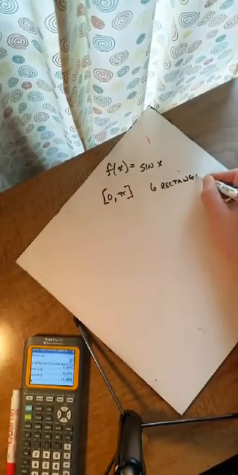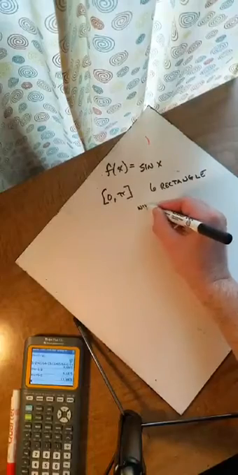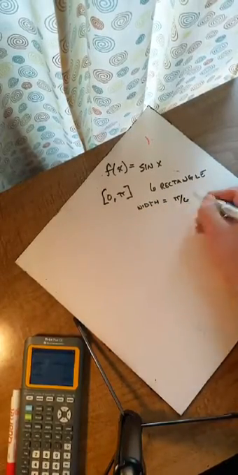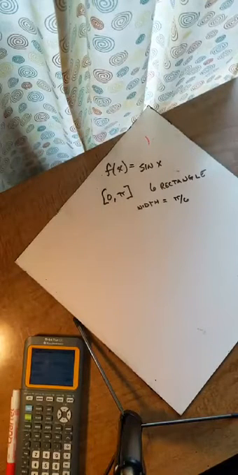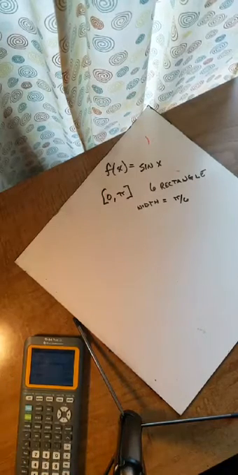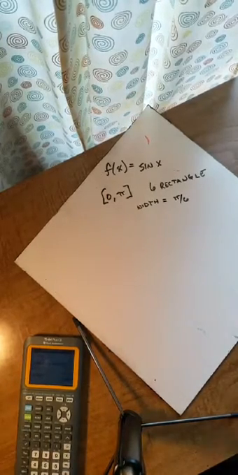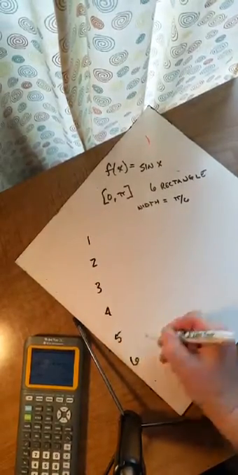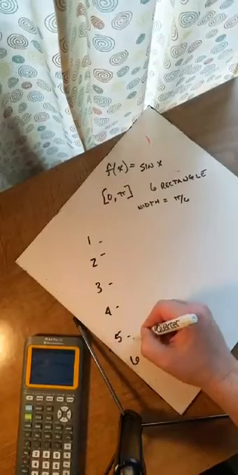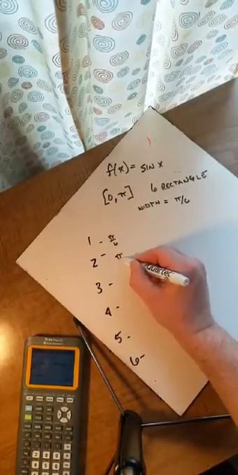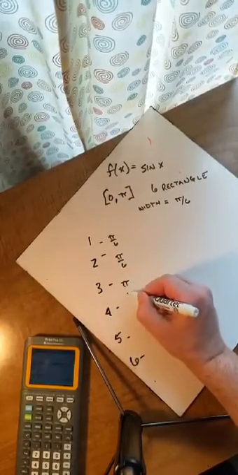So that means our width is pi over 6, because we go from 0 to pi, a distance of pi, and we're going to divide that by 6. Okay, so let's make our 6 rectangle list here: 1, 2, 3, 4, 5, 6. Each one has a pi over 6 width.